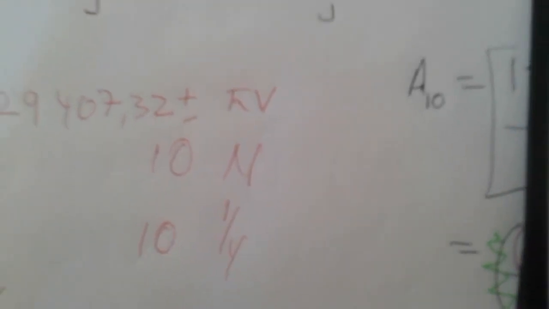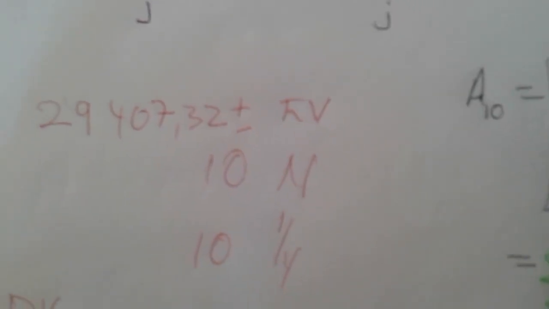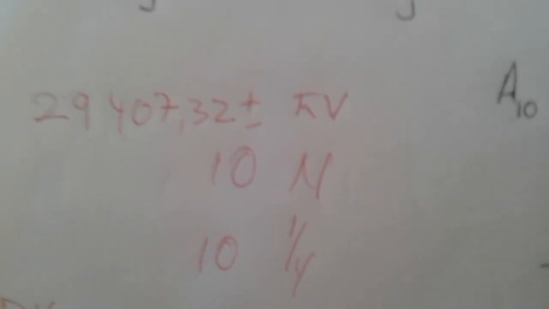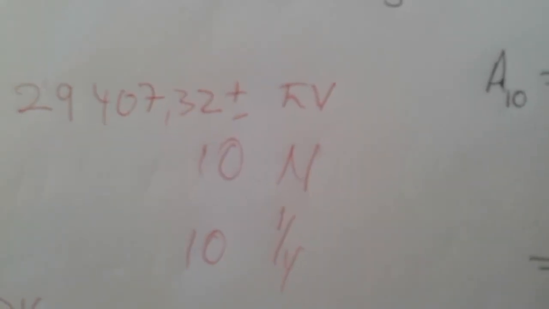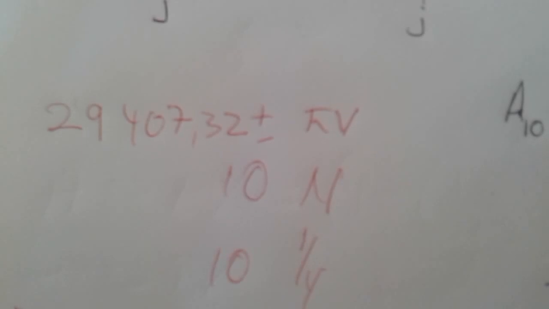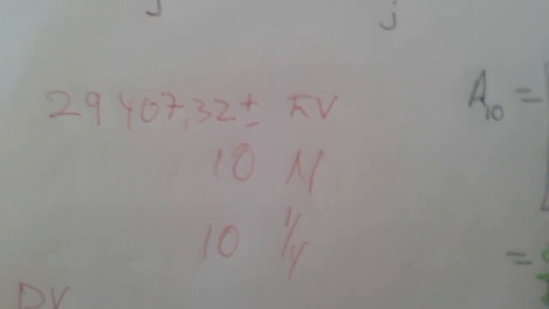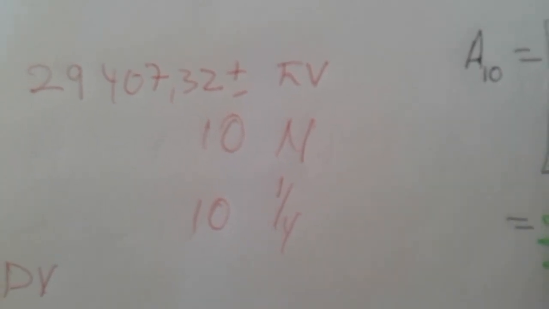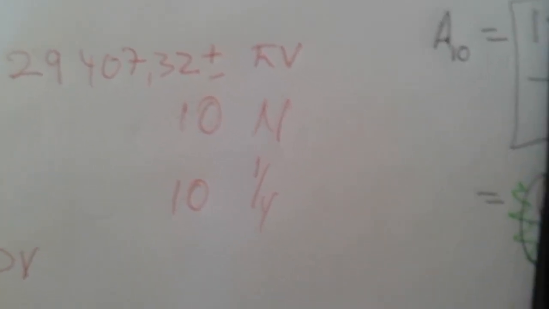So quickly, let's punch that one. 29,407.32 plus minus FV. Then your 10 is N, and 10 again is I. Then you compute PV. What do you get? 11,777?